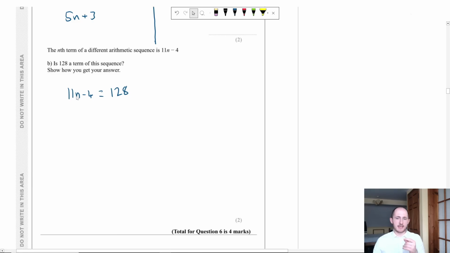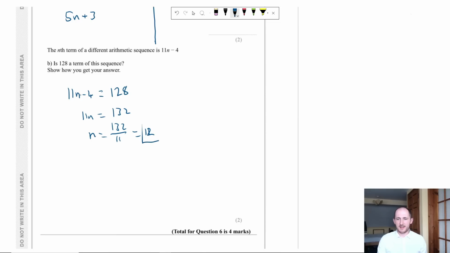Because remember, n just tells you what position you are in the sequence. First, second, third, fourth. You can't have 1.5, right? So it needs to be a whole number. So let's add 4 to both sides. We get 11n equals 132. And then n is equal to 132 over 11, which is 12. So it is a term.